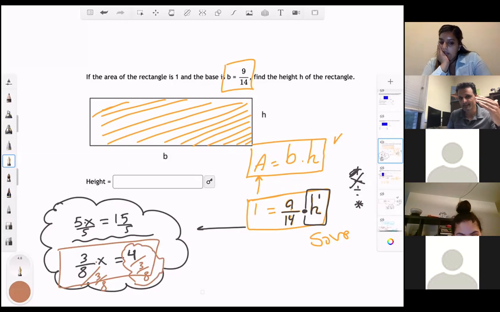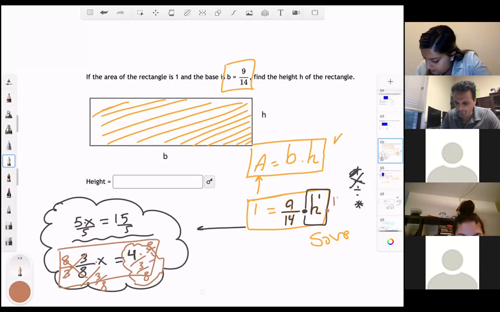In a case like this, we multiply by the reciprocal, 8/3. So make a note that we multiply by 8/3. In this case, we will multiply by 14/9. We multiply by 14/9.